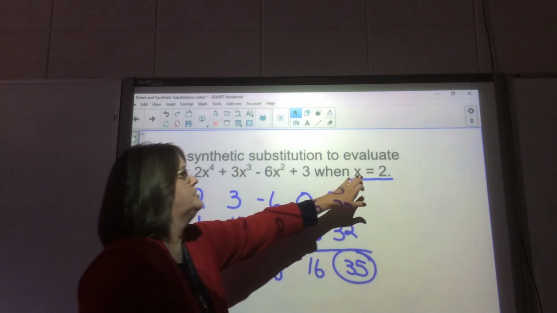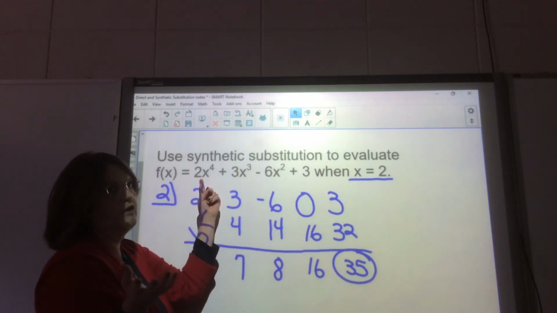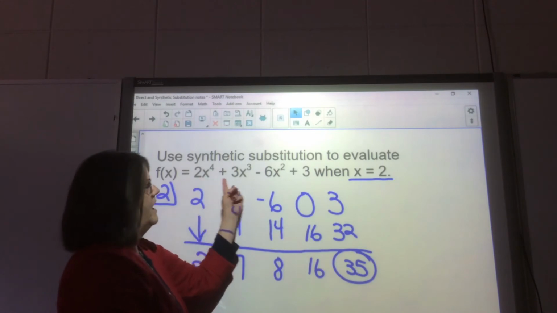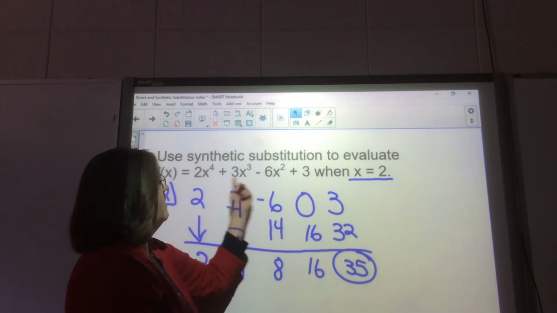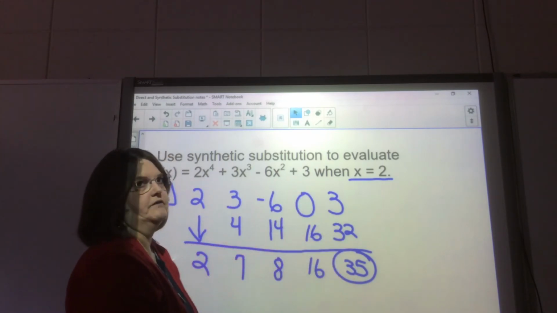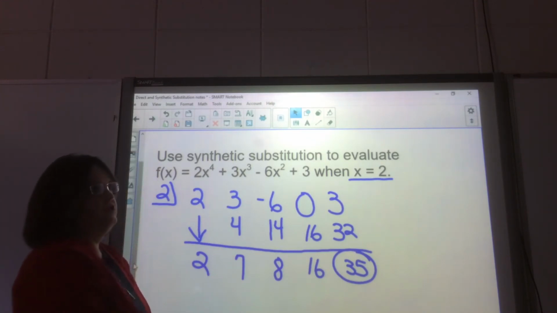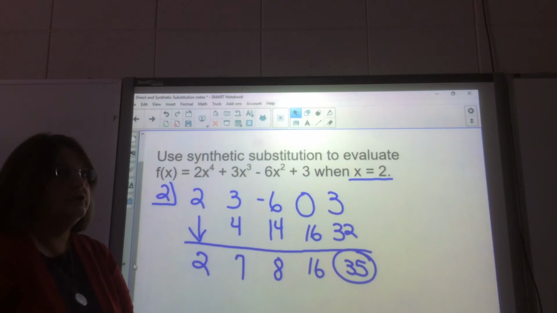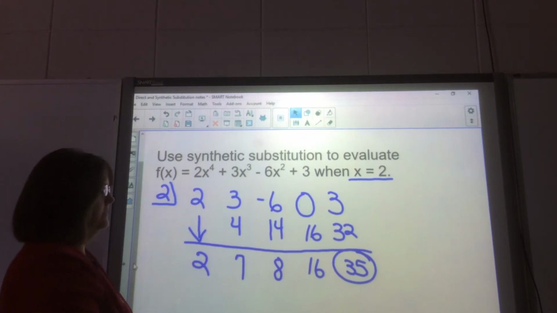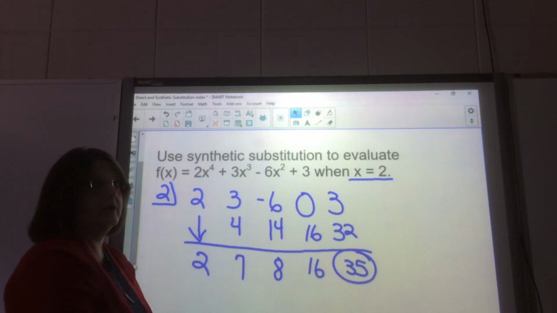If you had put 2 in here, and that's the way you can check your answer, and evaluated it throughout here, you would have gotten 35 as your answer. But this is synthetic division. Right now, you don't see much use for it. In the future, we'll be using it a lot to divide polynomials and find zeros and all kinds of stuff.